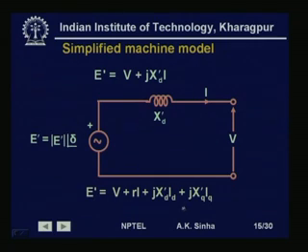This is the expression which will give the internal voltage of the machine, and that internal voltage E dash will have a magnitude E dash and an angle delta, and this internal voltage with its reactance, as shown for the salient pole machine or for the cylindrical rotor machine, will give us the machine model.